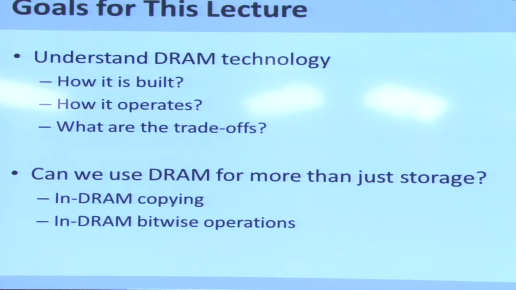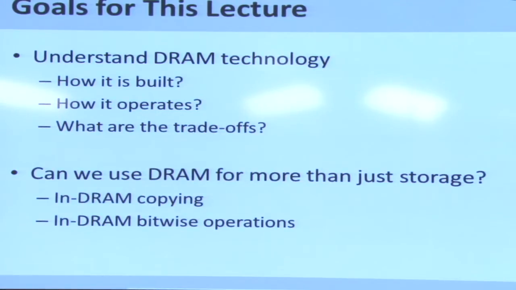And in the second part of the lecture, which is actually more related to the title, we will look at whether we can use DRAM to do more than just store data. And more often than not, when a researcher asks such a question, the answer is yes. And we'll look at two specific examples of how we can use DRAM to do more than just store data.